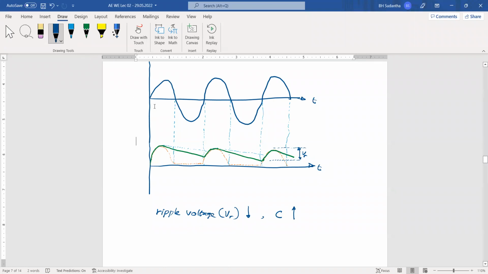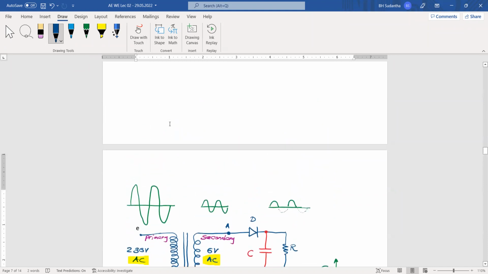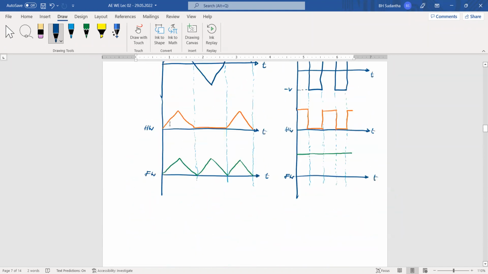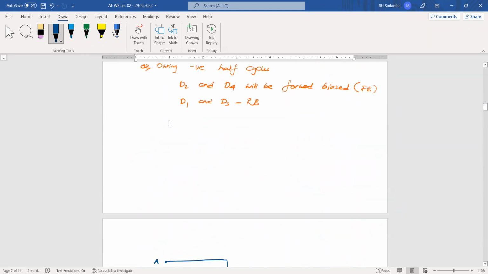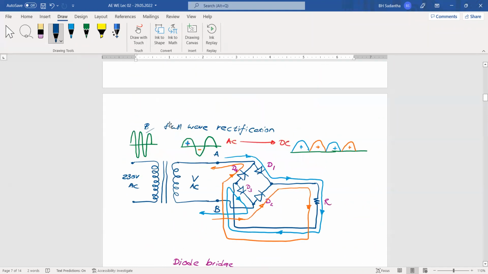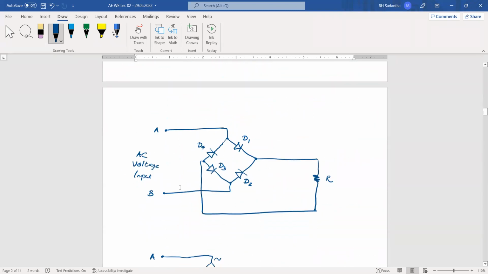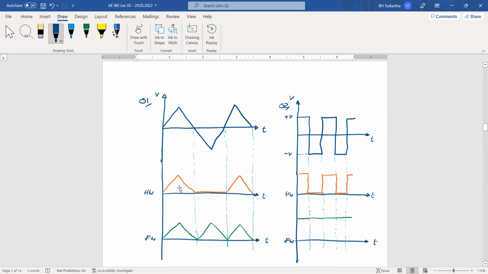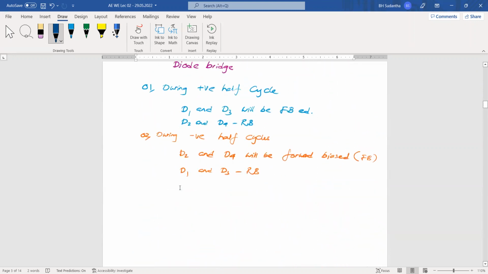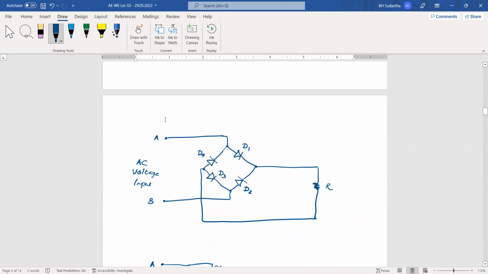Okay, this is the story for the half wave rectifier. What about the full wave rectifier? The full wave rectifier situation is much better than the half wave one. We'll take this one, and when you put this capacitor in, we can take this circuit.